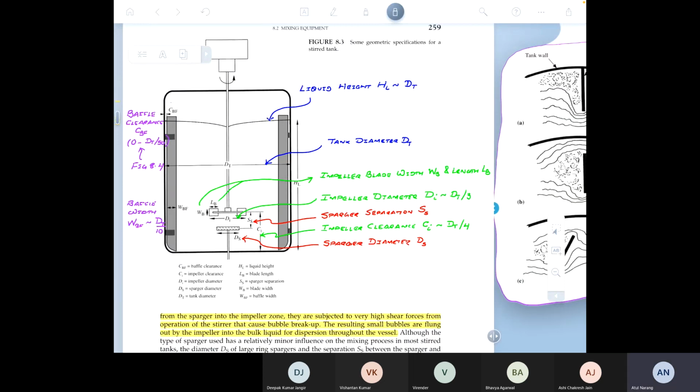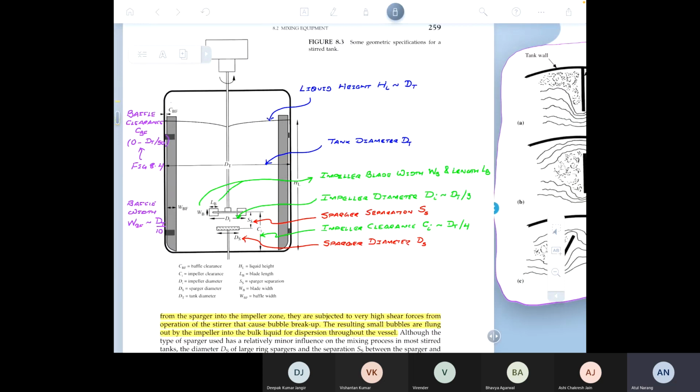The tank diameter is denoted dt. And you can see that the liquid height in most reactors, for example in the lab, is on the order of the tank diameter, maybe 1.5, something like that. In the industry, this can be 2 times, 3 times. The height can be made larger. This is called the aspect ratio.